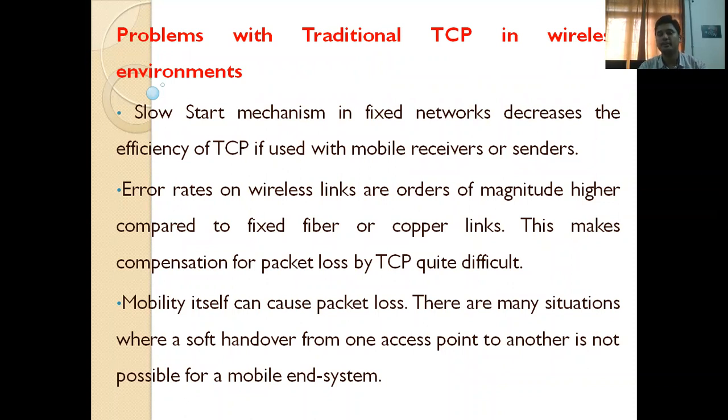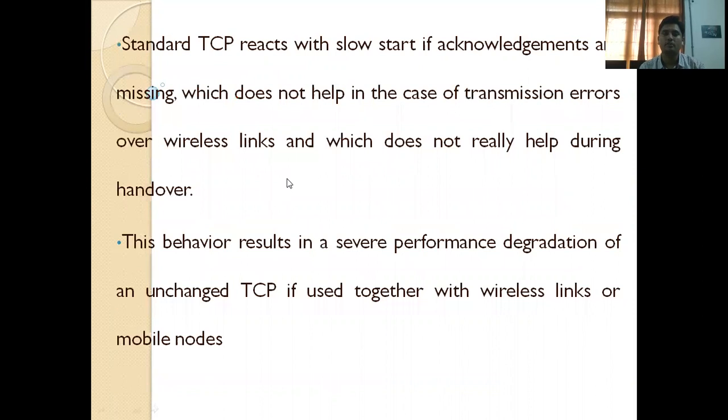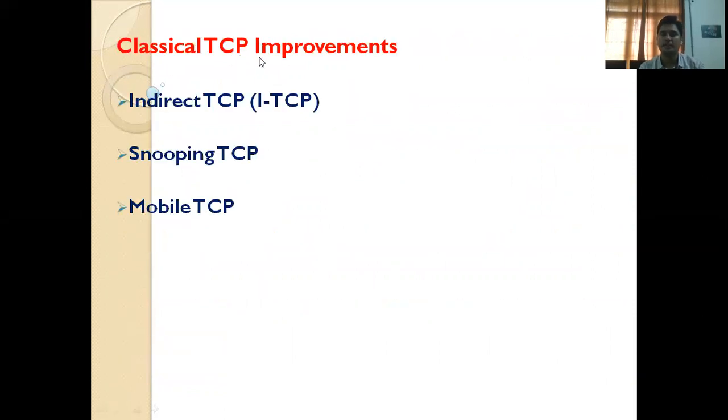This makes compensation of packet loss by TCP quite difficult. So the mobility itself can cause packet loss. There are many situations where a soft handover from one access point to another is not possible for mobile end systems. So to avoid this, these are the classical TCP improvements: indirect TCP, snooping TCP, mobile TCP.